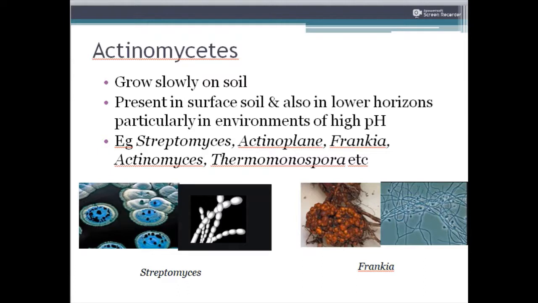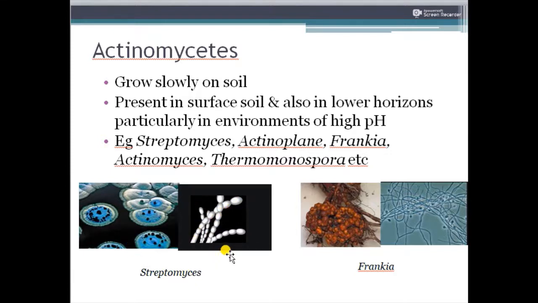I hope you remember Streptomyces, which is responsible for the production of the antibiotic streptomycin. Now this is a culture plate growth pattern of Streptomyces, and this is how it looks when viewed under the microscope, because it is a filamentous bacteria.